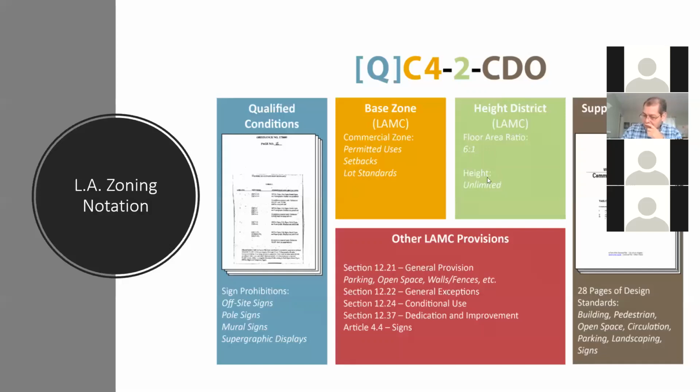And usually there's only an absolute height limit if you're in height district 1, but otherwise it would just cover the FAR. And then the CDO denotes that it's in a community design overlay, which is a supplemental use district in the city of LA.